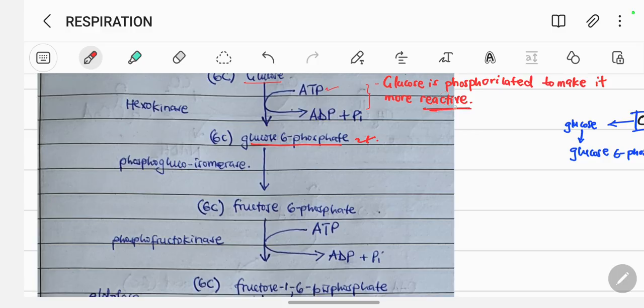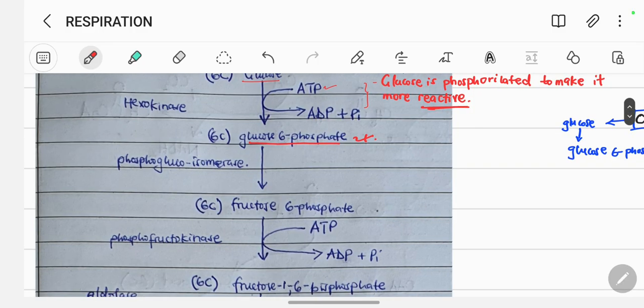It was our aim, such that we give glucose a phosphate and make it more reactive. So this reactive glucose 6-phosphate is going to reorganize itself and form fructose phosphate. So it's going to turn to its isomer.